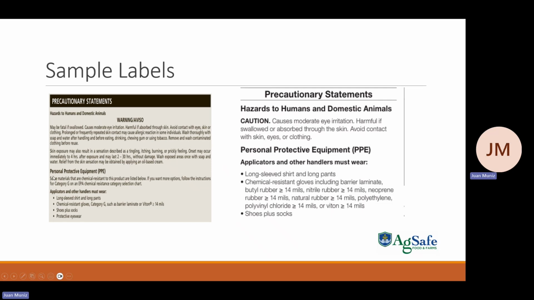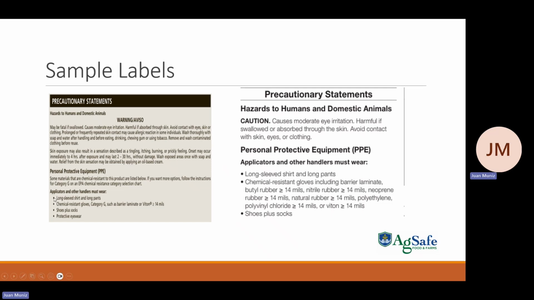And I draw your attention to the personal protective equipment on the left label, right in the middle. It says some materials that are chemical resistant to this product are listed below. If you want more options, follow the instructions for category G on an EPA chemical resistance category selection chart.